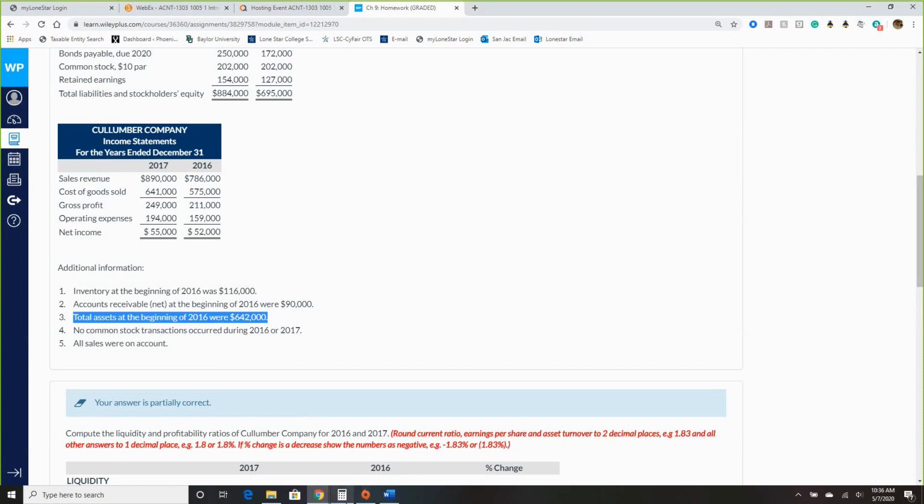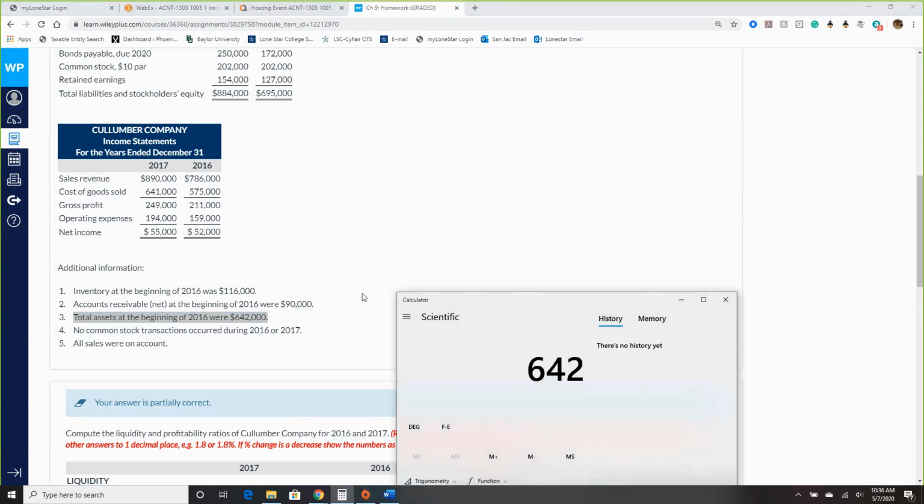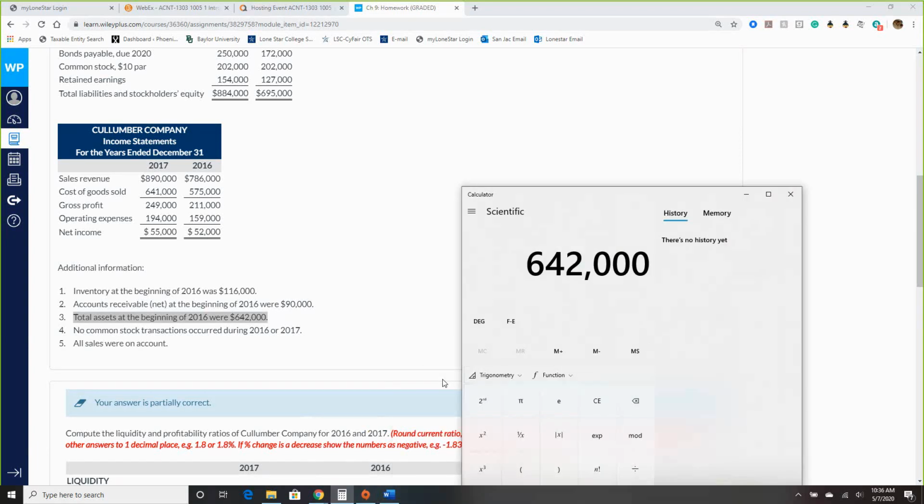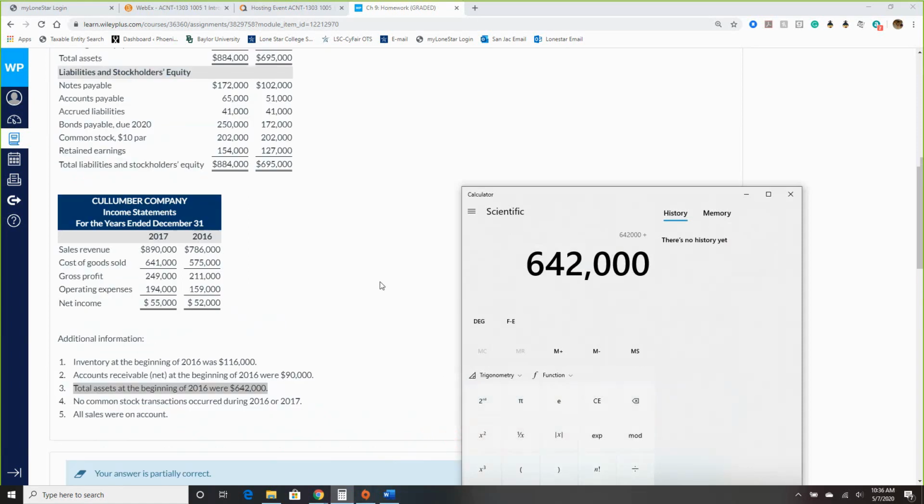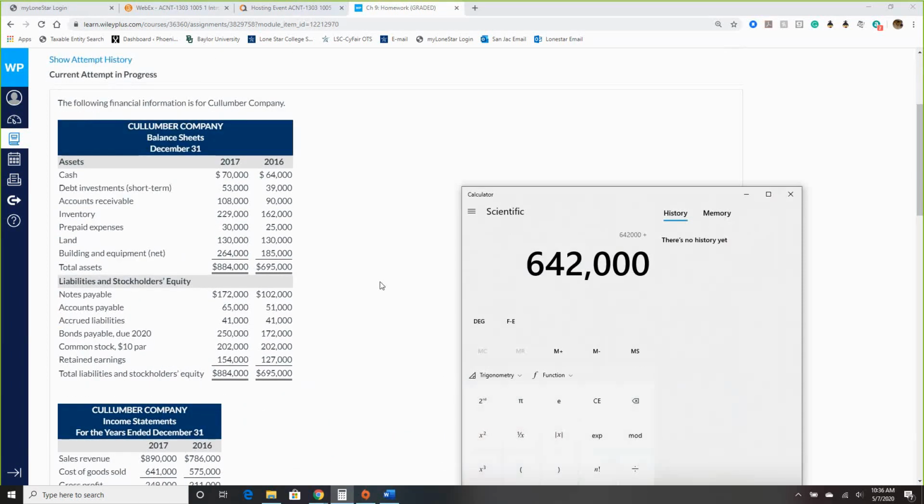So, calculator, 642 plus 695 and divide by 2 for our average is 668,500.